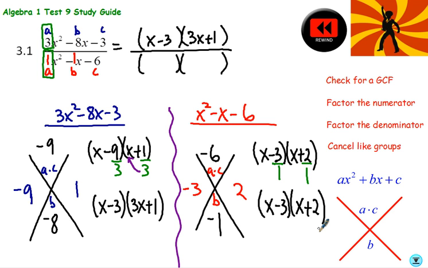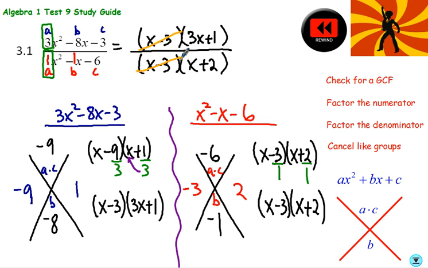All right, so I'm going to fill that in. So I've got x minus 3, and then I've got x plus 2. Now, what I'm looking to do at this point is I'm looking to cancel like groups. As I said, it's a package deal. Can't go in there and just rip out one of the x's. You have to be able to take it as a group. So I would cancel a group of x minus 3 and a group of x minus 3.